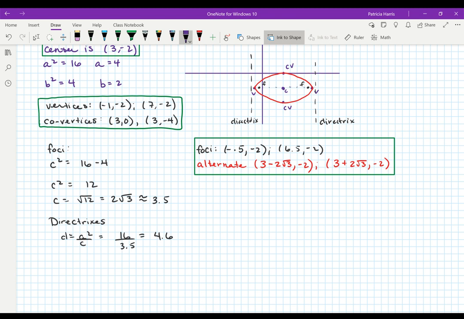So writing that down, it would look like this. Oops, that's not y, that's x. Sorry. So that would be, let's see, 3 minus 4.6. So that would be x equals negative 1.6 and x equals 7.6 for the directrices.